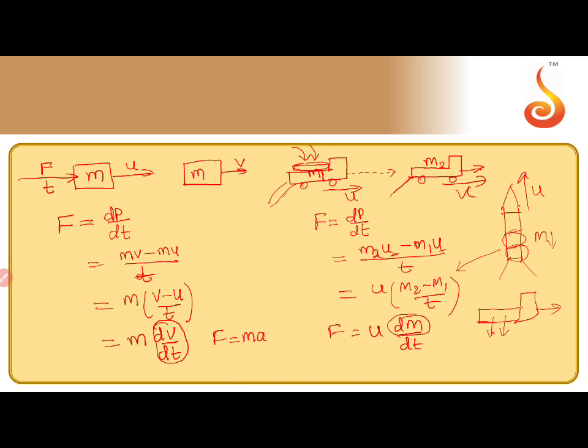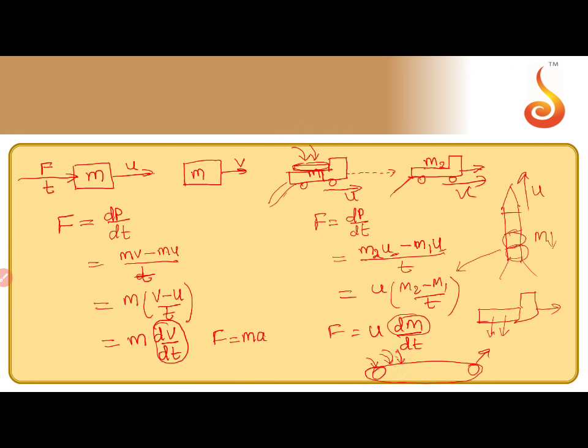In the same way, in some packaging industry, there may be a belt like this, on which you are going to keep adding the product which has to be moved from this place to this place.